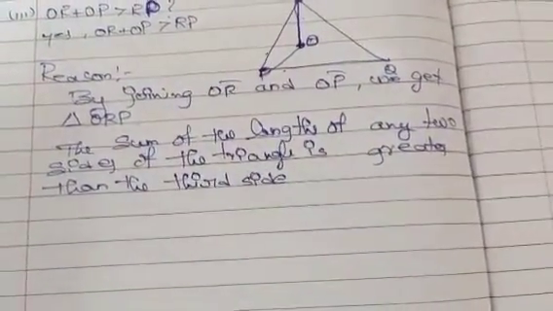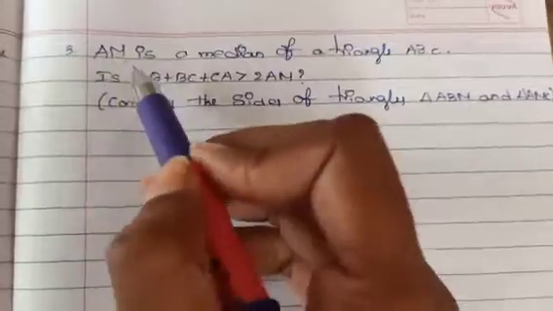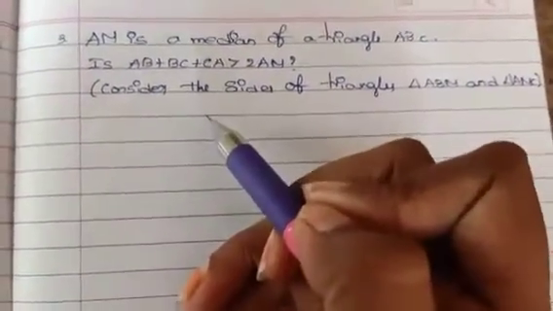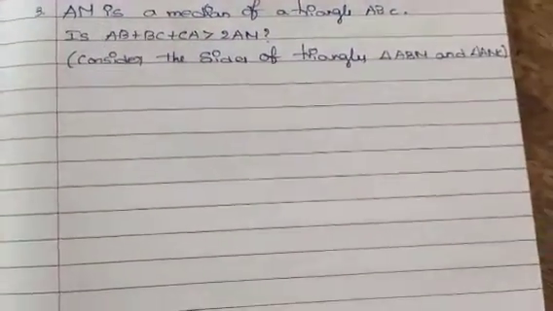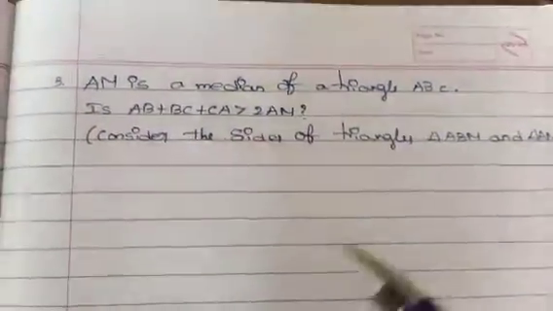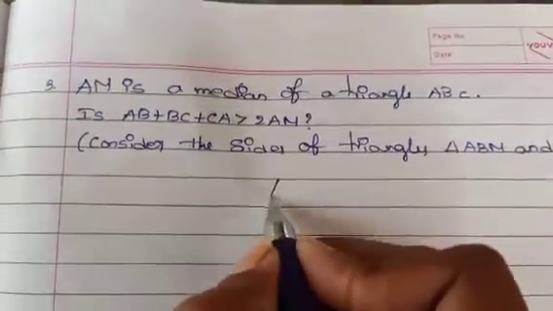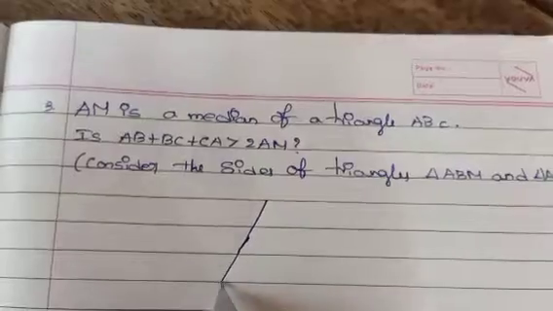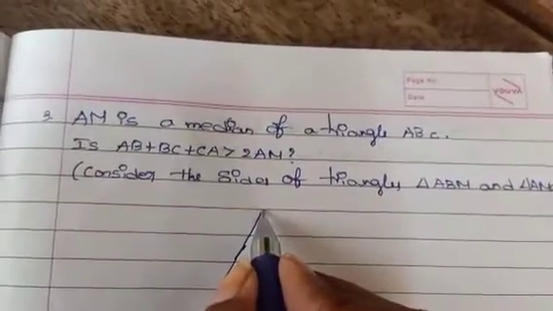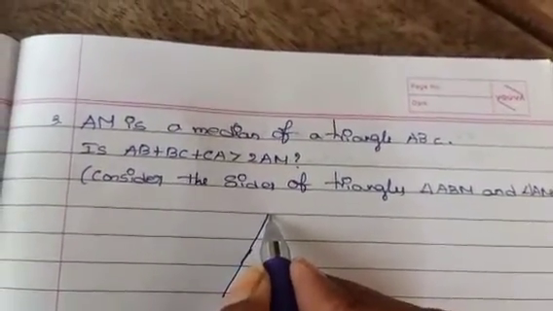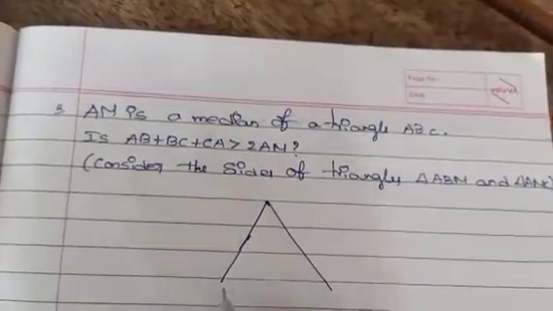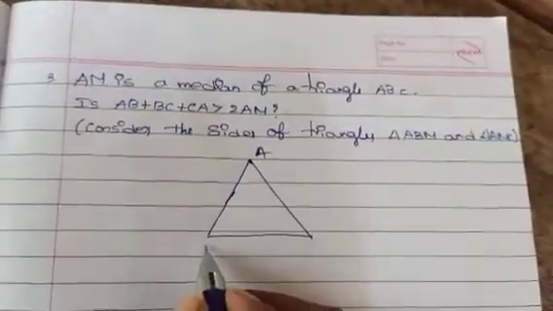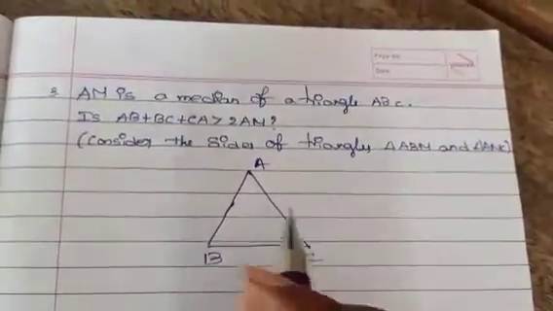Now next question. See, what is given? AM is a median of a triangle ABC. First we will take a triangle ABC, with vertices A, B, C. What does it tell us?